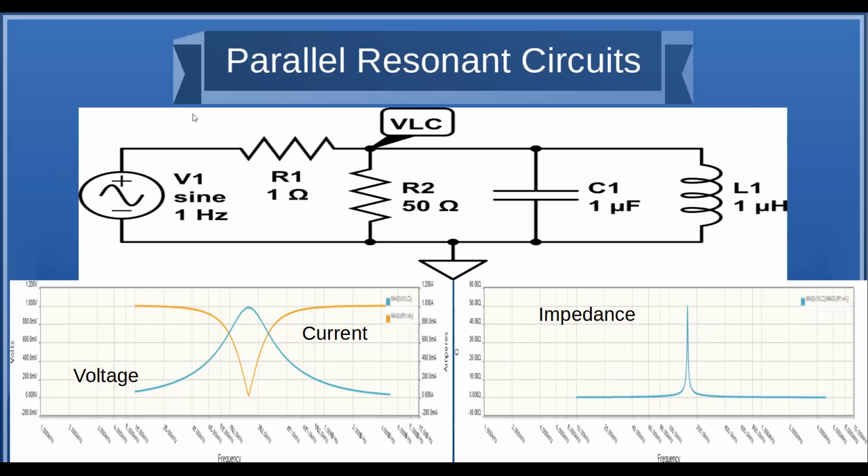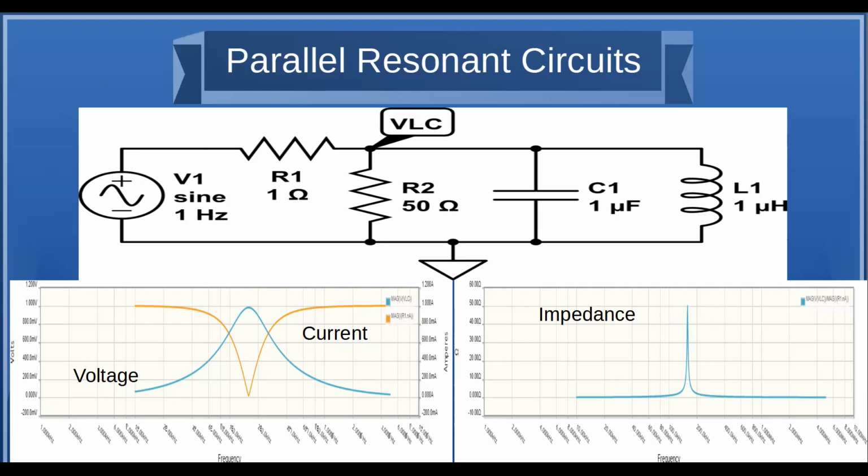That's the basic difference between a parallel and a series resonant circuit. Series resonant circuits have essentially 0 impedance at resonance. Parallel has infinite impedance at resonance.